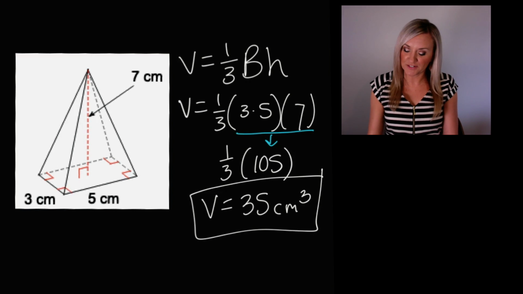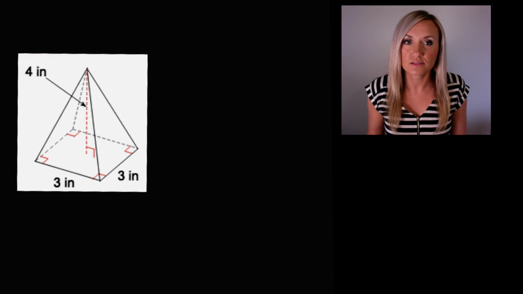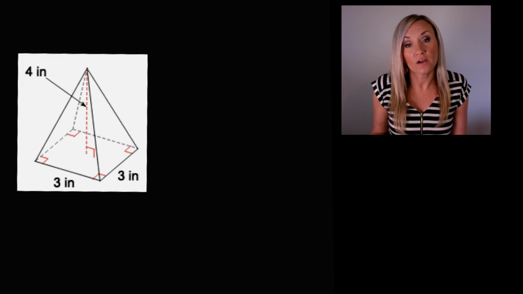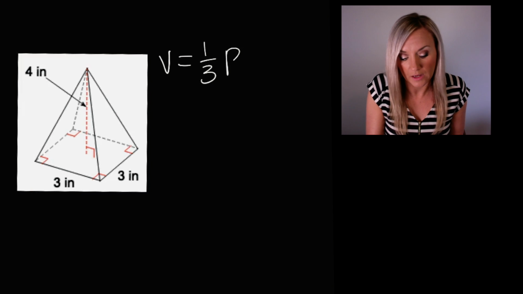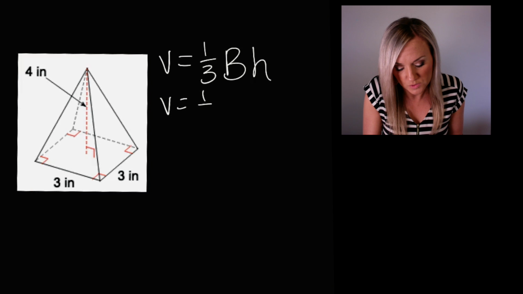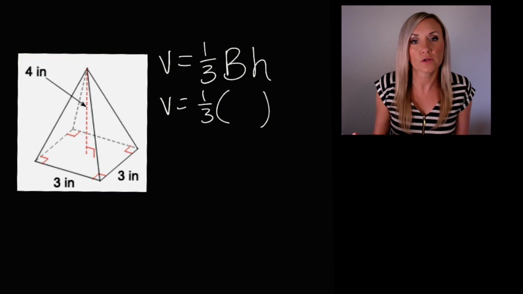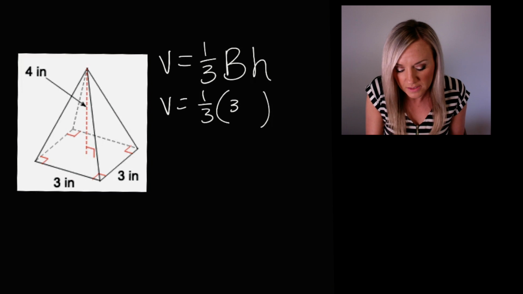All right, let's try number 2. Take a look at the base. What do you notice? Yes, it's a square, 3 and 3. So volume equals 1/3 area of the base times the height. The area of a square is also length times width, so it would be 3 times 3.